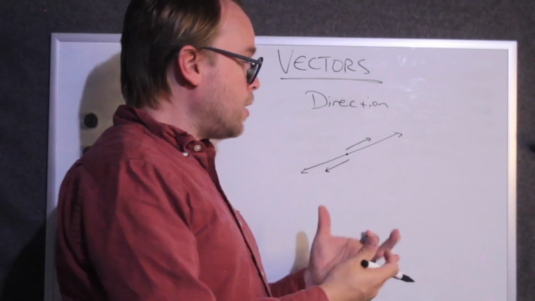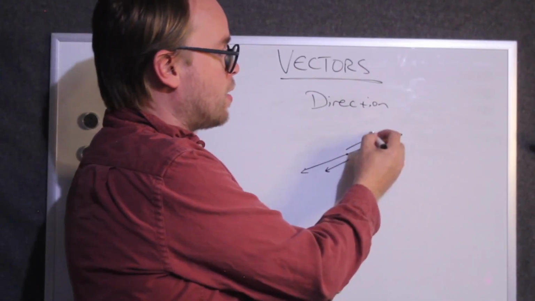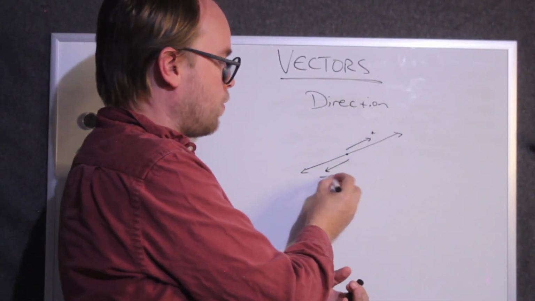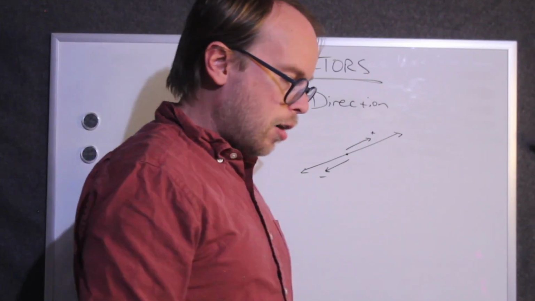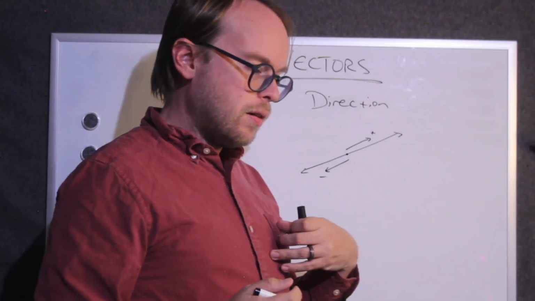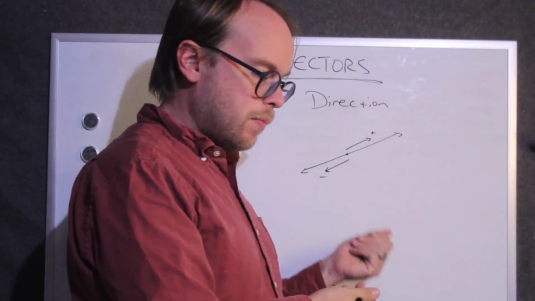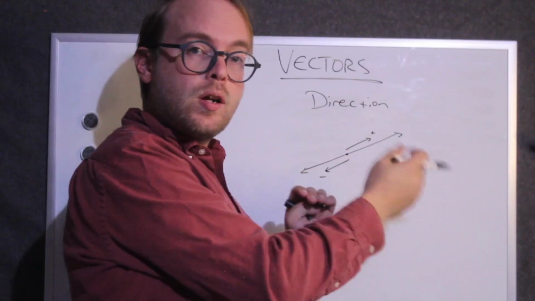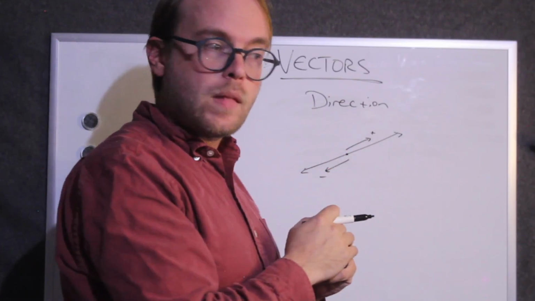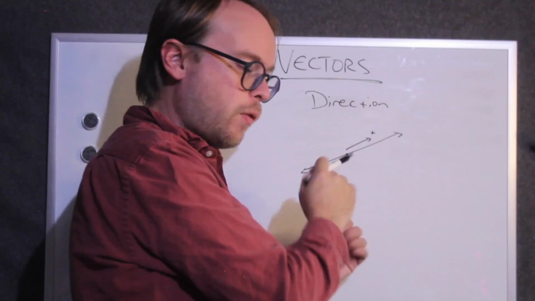Since there's only two directions and we need to talk about them, we can assign a sign to each of those. We'll call this one positive and this one negative. And now this has become an axis, because we have a way to define movement in one direction or the other.